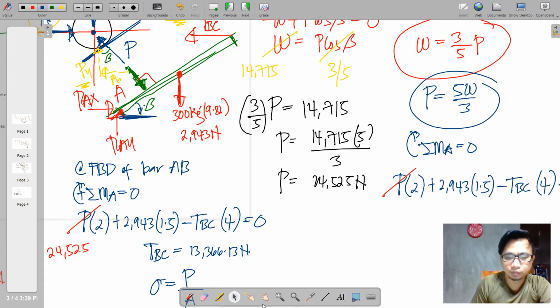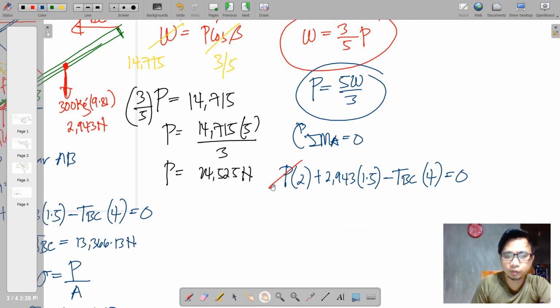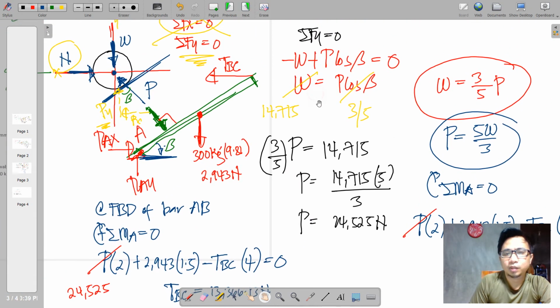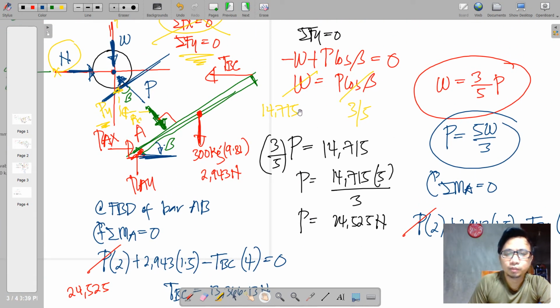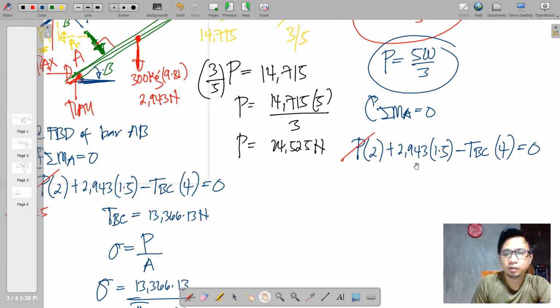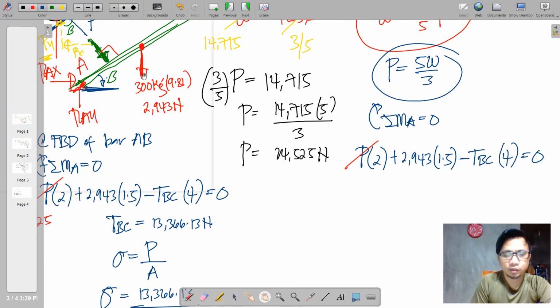But we do not place P derived from an equation, we place a value for W. So 2943 obviously is the weight of the bar. It retains as it is.